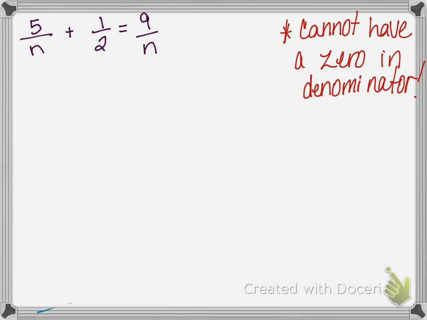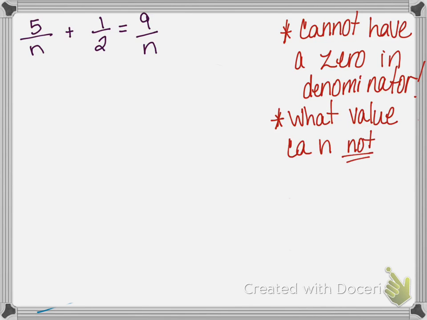So for this problem right here, I have 5 over n plus 1/2 equals 9 over n. So the question I ask myself, what value or values can n not be?